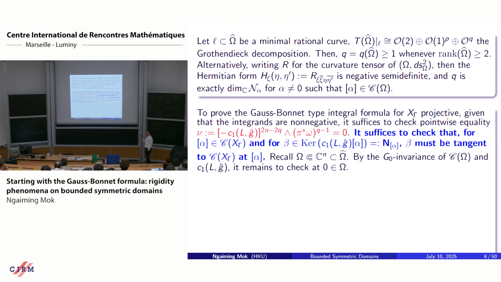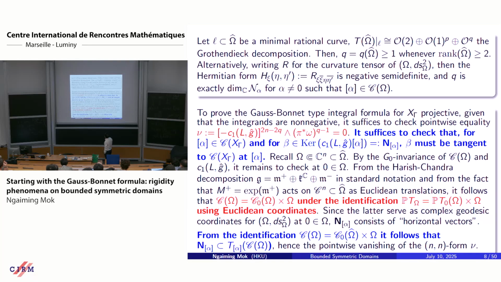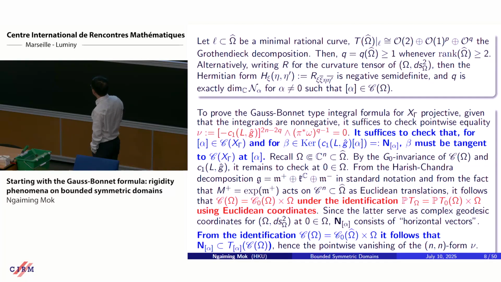This gives you the flat directions associated to the minimal rational tangent, or the tangent to the minimal rational curve, projective lines, and so on. So this is the technical language that one uses with the Harish-Chandra realization. The way to check is that translation preserves the flats, and so it's easy to check this way. But as I explained, the underlying geometric reason is because of the embedding of the polydisks.